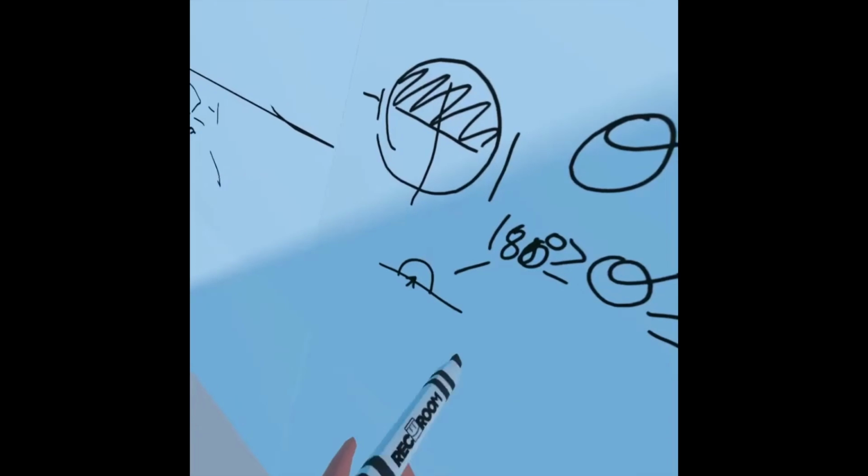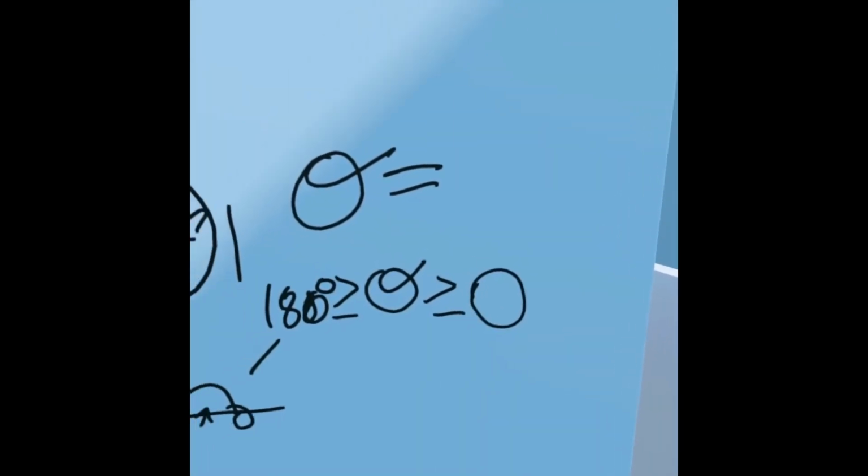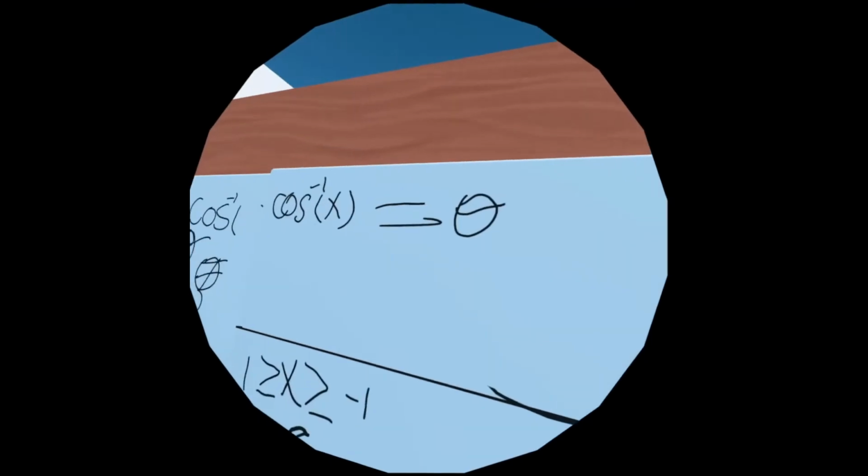And if it's over here, that's 0, right? Theta can be 0 all the way up to 180, depending on what our x is, between 1 and -1.